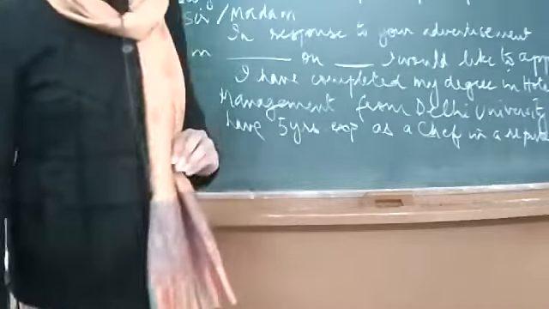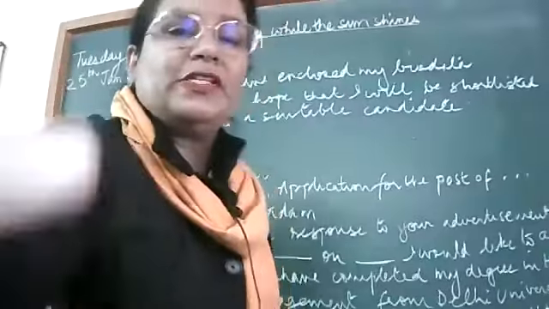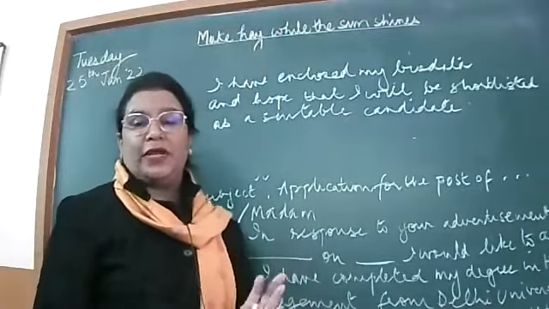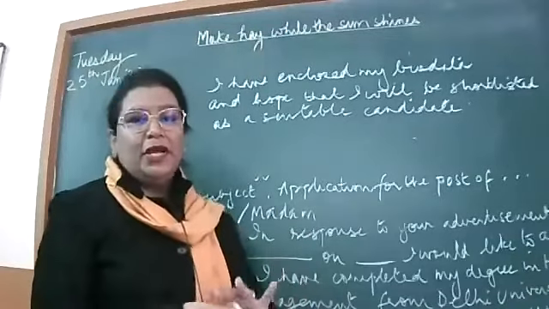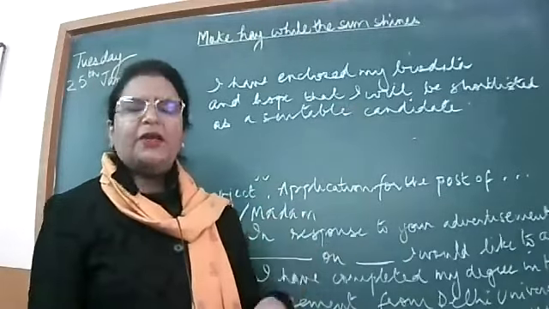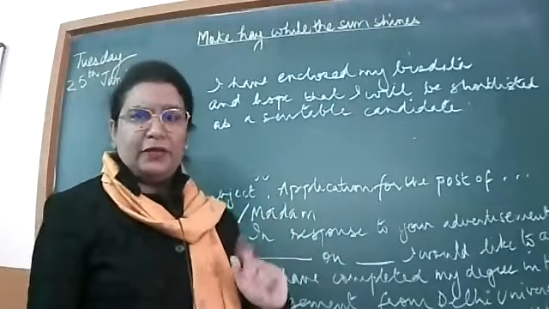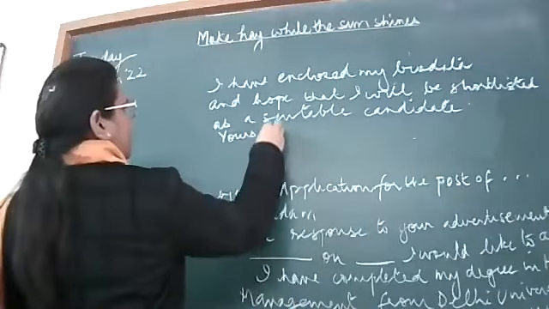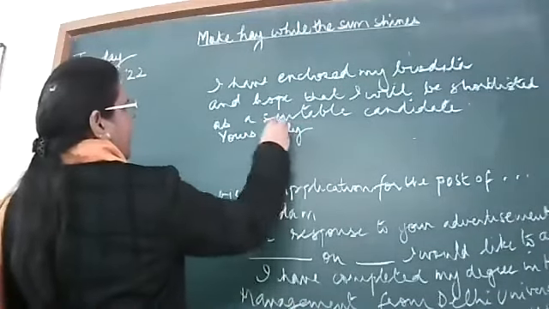In some examples, you will read that I will work to the best of my ability. I'm very honest and hardworking and all that stuff, right? So that is not required. We'll just try that I've enclosed and hope that I'll be shortlisted as a suitable candidate or for an interview, whatever, right? Then you're going to write yours truly, give your name here.